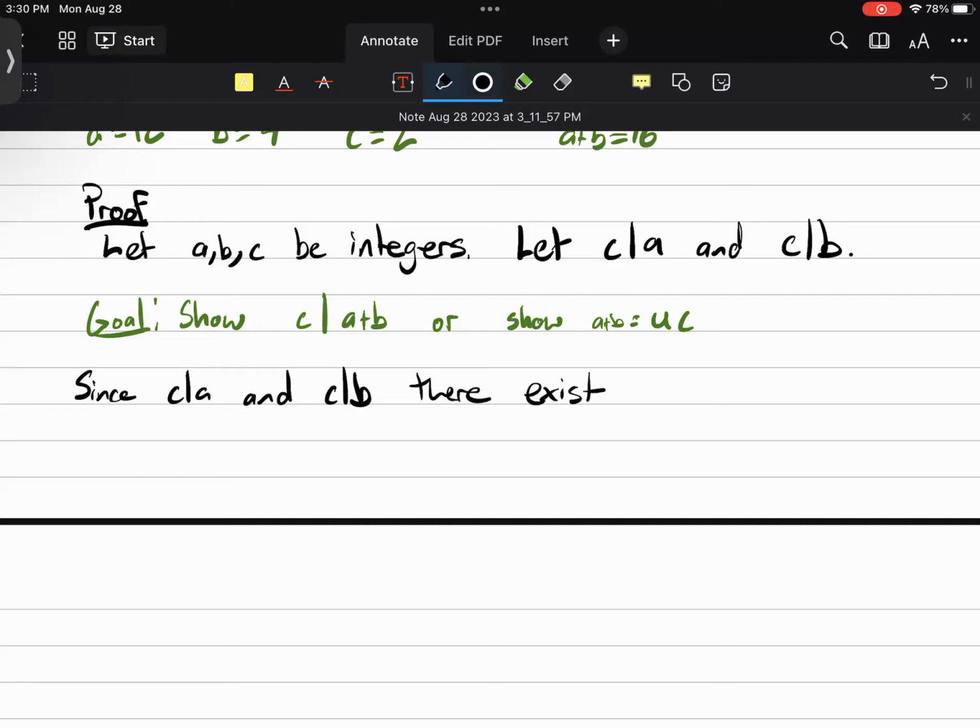There's some integer out there which we can call u, such that A is equal to u times C. So there exist two integers. We can use u, and another label for another integer, x.